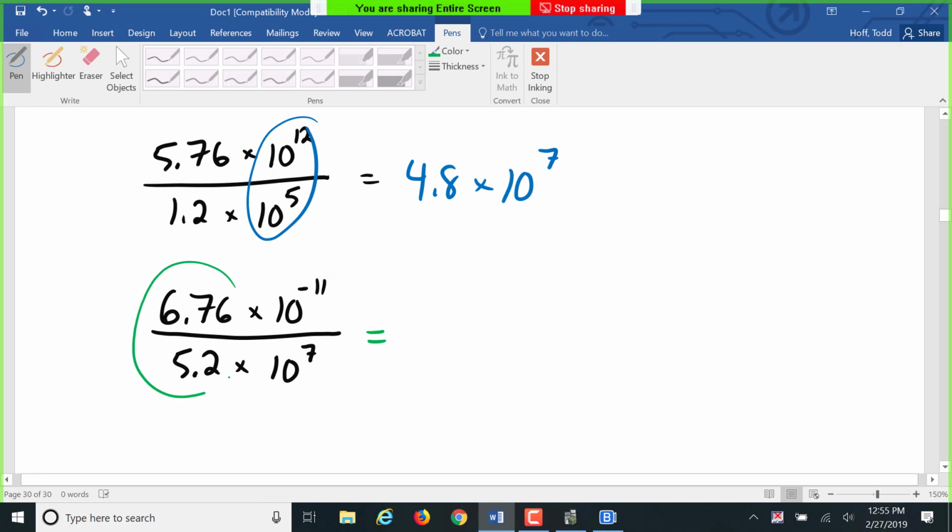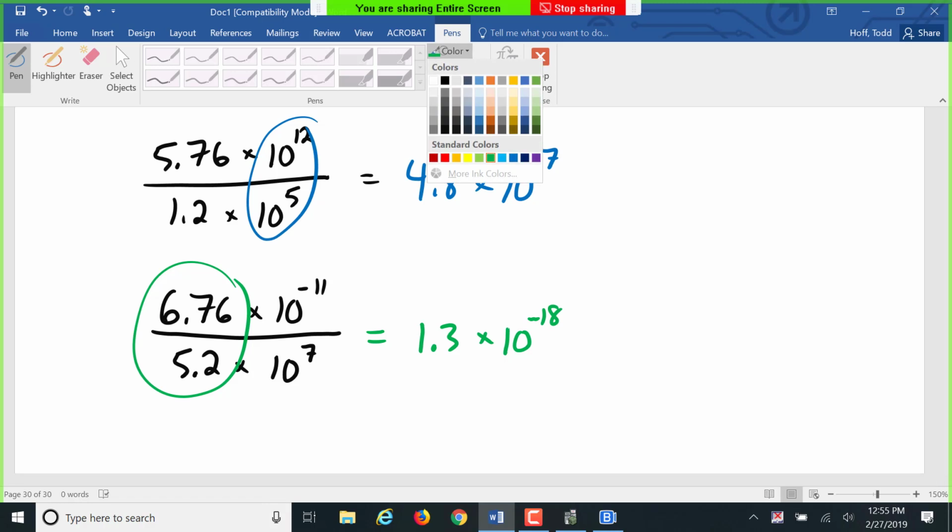So we have 6.76 divided by 5.2 gives us 1.3 times 10 to the, perfect, negative 18. We subtract the powers. Negative 11 minus 7 is negative 18.